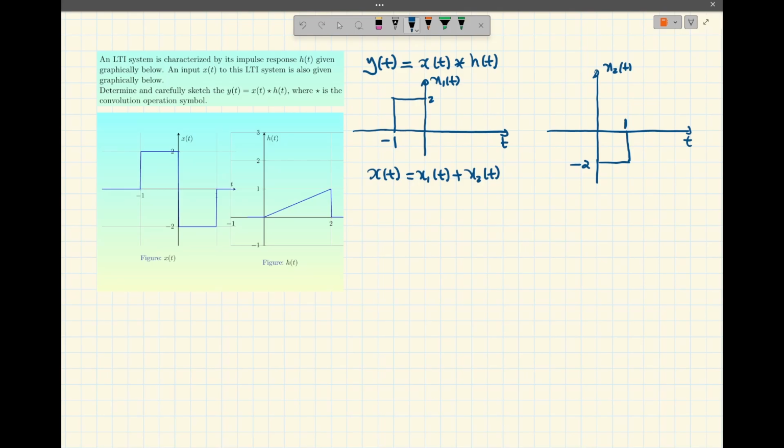Because the system is linear, so it satisfies the additive property, then the output y of t will be x1 of t convolved with h of t plus x2 of t convolved with h of t. Now, I can find a relationship between x1 and x2.